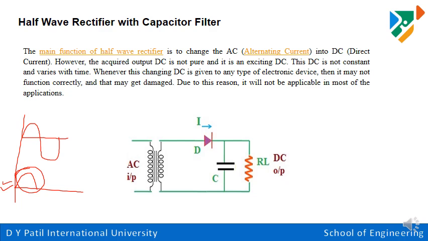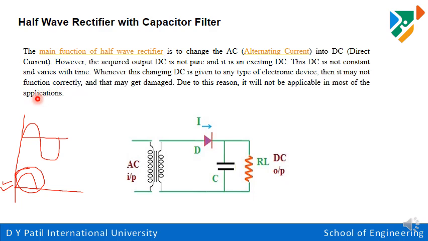This DC is not constant and it varies with time. Whenever this changing DC is given to any electronic device, it may not function properly and may get damaged. So due to this reason, it is not applicable in most applications.